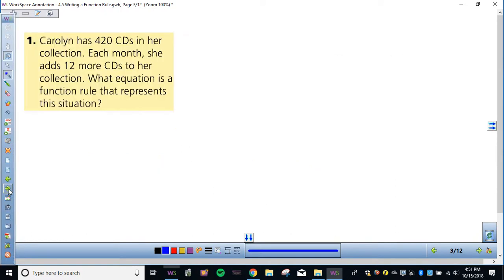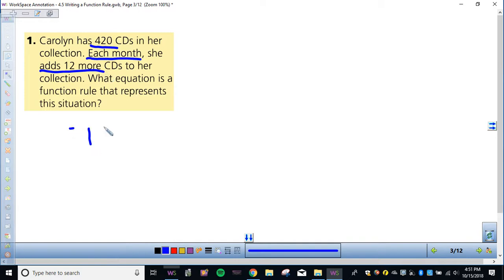Next slide. Carolyn has 420 CDs in her collection. Each month, she adds 12 more CDs to her collection. What equation is a function rule that represents this situation? So she has 420 to start with. Each month, she adds 12 more. Because it says each or per, in this case each month, that's where our variable is going to go.